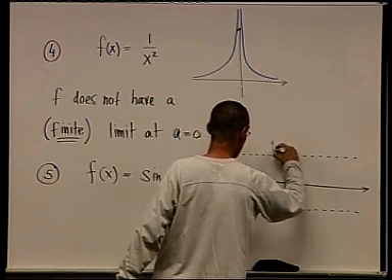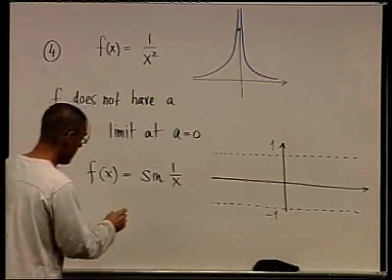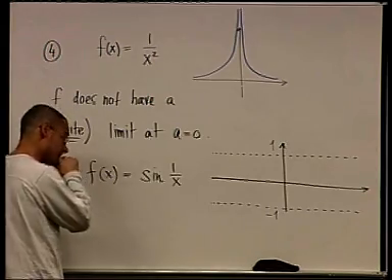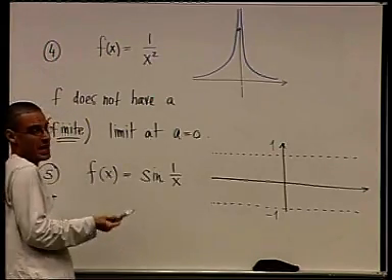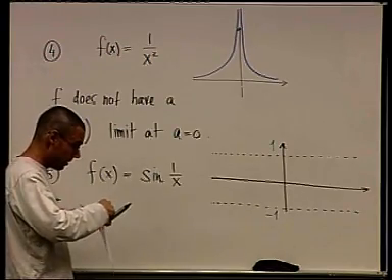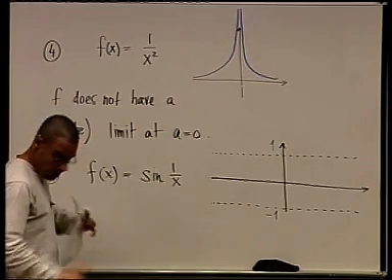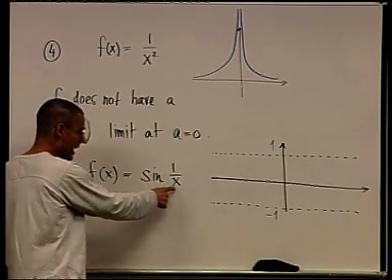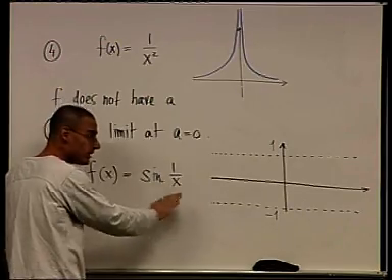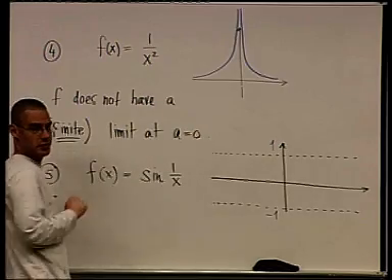Now, how does it behave? Let's think for a minute. It's going to have this wavy behavior because it's a sine, but let's try to be a bit more precise than that. So, what happens when x gets bigger and bigger and bigger? When we head off to infinity and beyond?